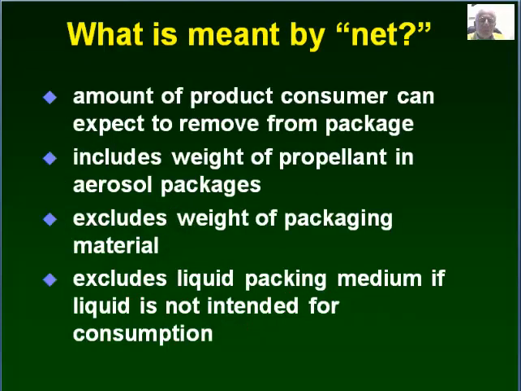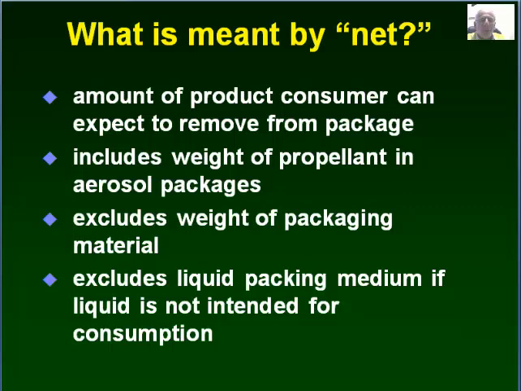What is meant by the term net is the amount of product the consumer can expect to remove from the package. There are some things that are not included. If you go to the cheese in the pressurized can, that propellant that's there, or say Ready Whipped, another example, that's not included. It excludes the weight of propellant in aerosol packaging, and excludes the weight of packaging material, which stands to reason because it's not something you're going to be able to consume.